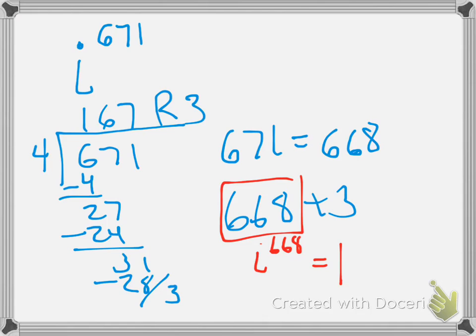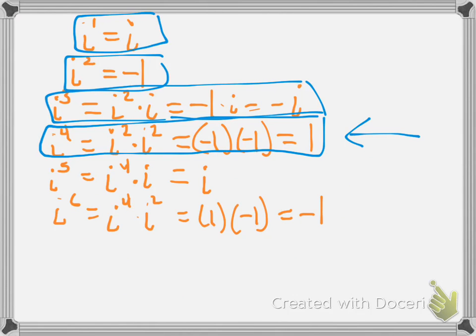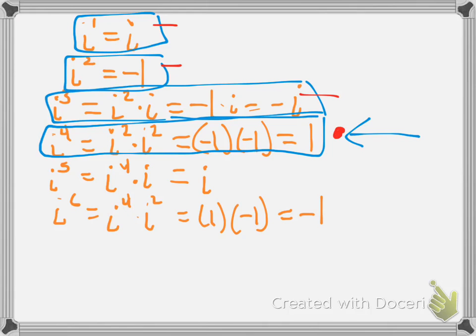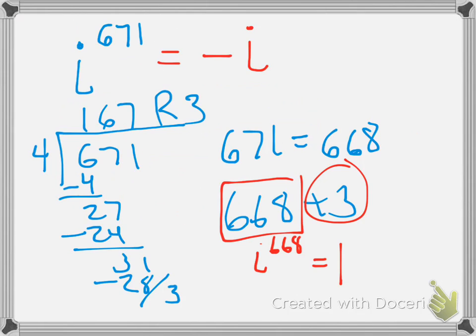And now I just have to go to the third one after that. So i to the 668 is 1 right here, and so then I go 1 more, 2 more, 3 more, or to i cubed, that 3 right there. And we know i cubed is going to be negative i, like we have over there.